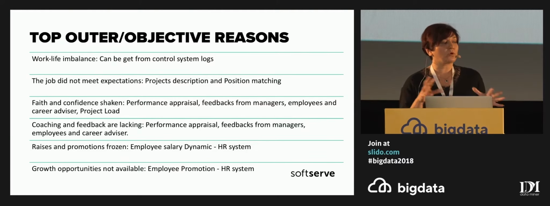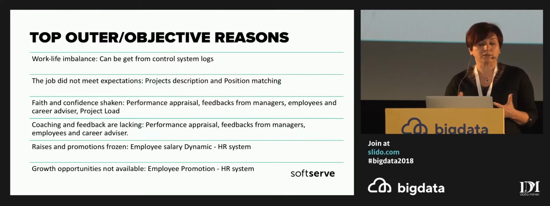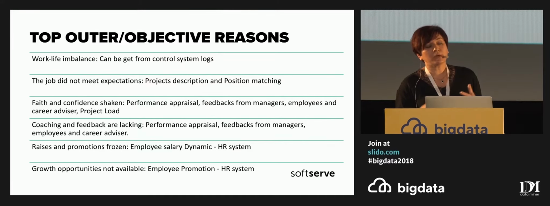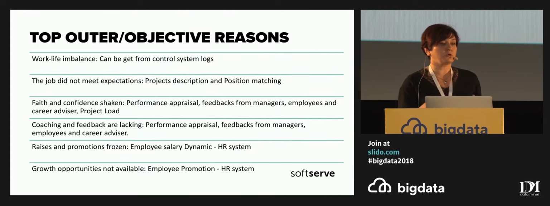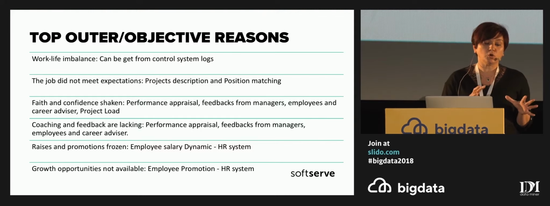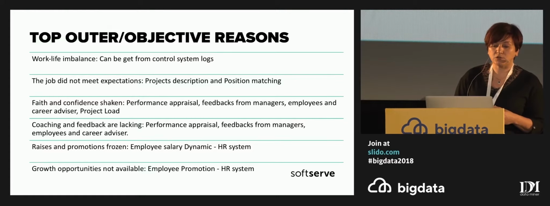Next one is a situation where the job did not meet expectations. For instance, we can compare the project description and the employee's position. In the case when the project job description doesn't match the employee's position, it could be considered a situation where the job did not meet the expectation.